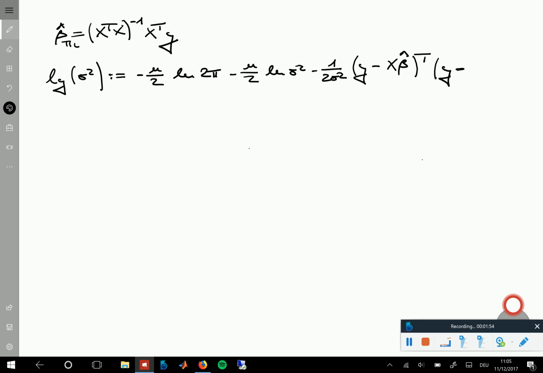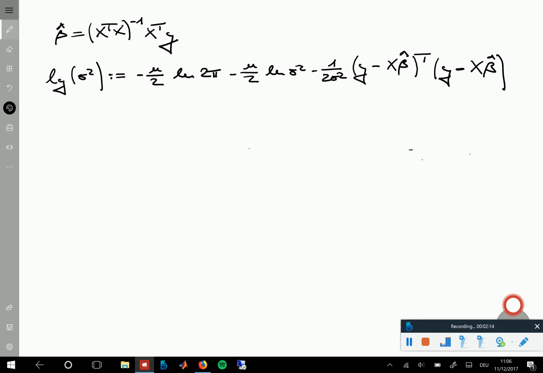This approach, however, is also not without problems, because this beta hat estimator, maybe I dropped the ML. With the beta hat, it's always what I mean by the maximum likelihood estimator.